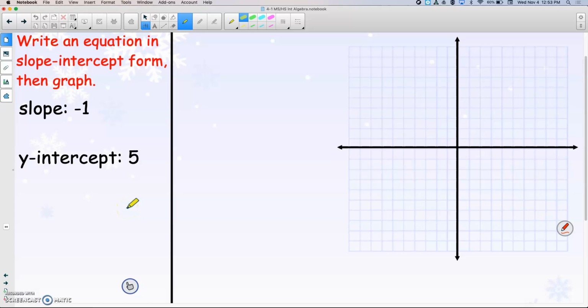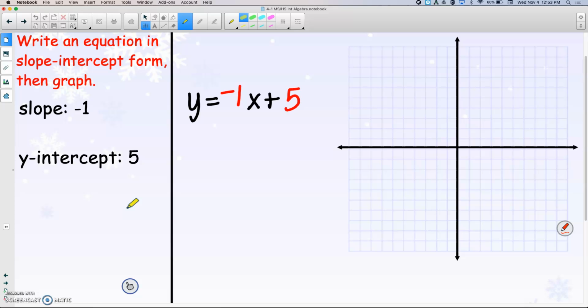Okay, now we're going to do a little reversing here. This problem tells you the slope and tells you the intercept. You have to write your equation in slope-intercept form and draw a graph. So I'm just going to go like this. My slope is -1. My intercept is 5.